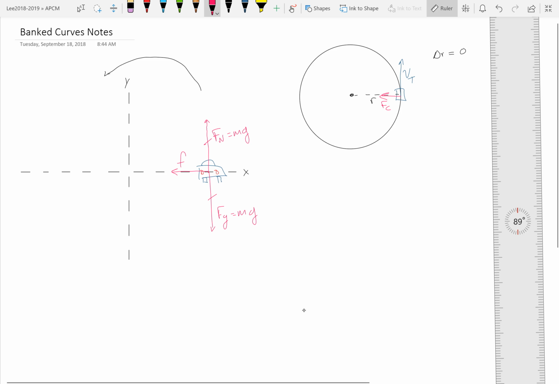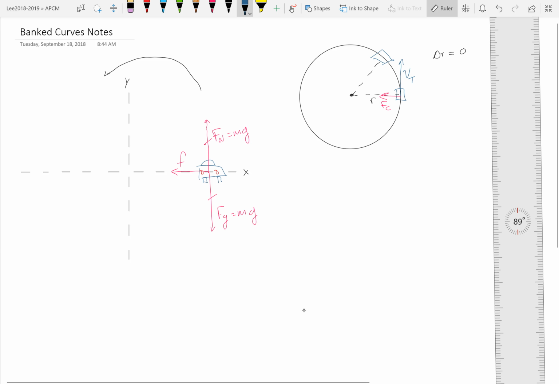What's relevant to that direction, pointing towards the center, is a direction along the line of r. If the car is not moving relative to the radius, there's no change in the radial distance, then it's not going to be a kinetic friction between the tires and the road that keeps it changing the direction of its velocity.